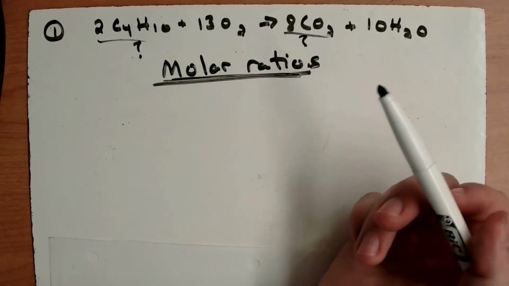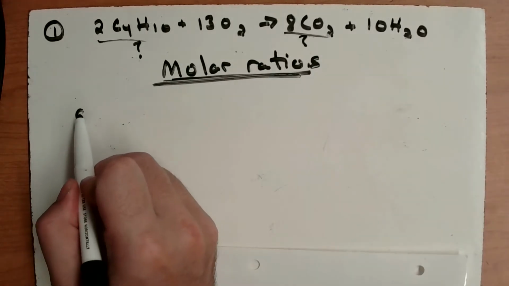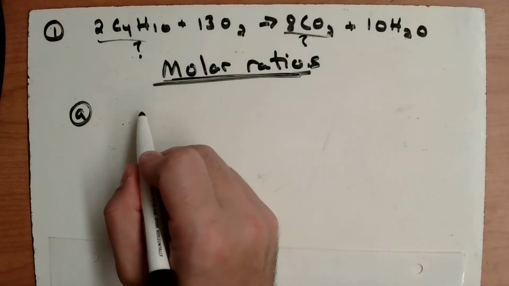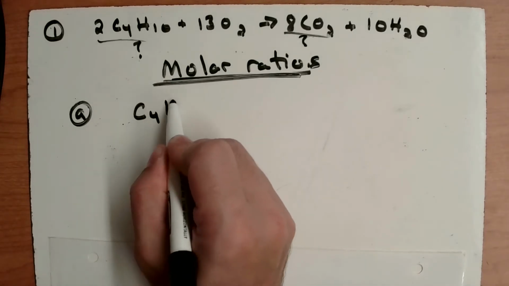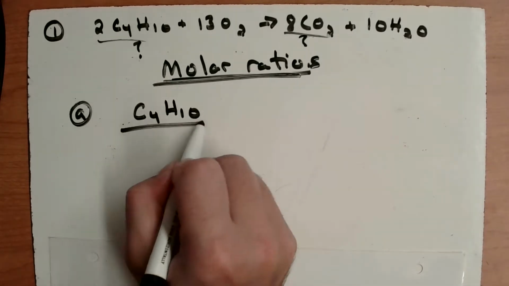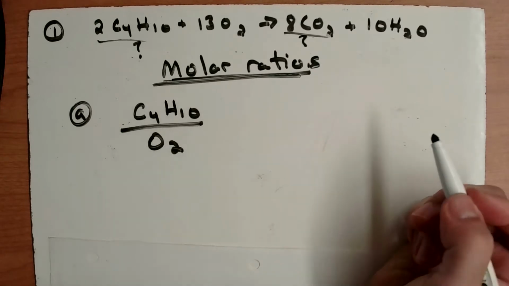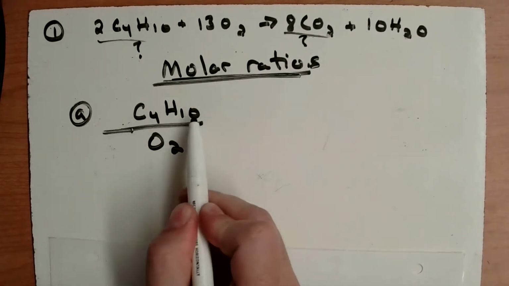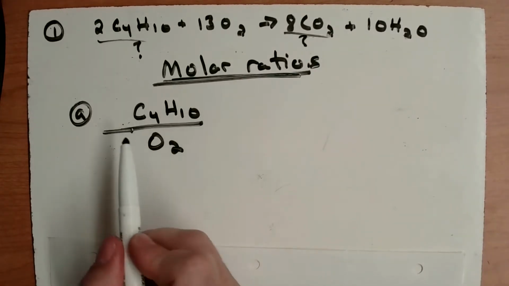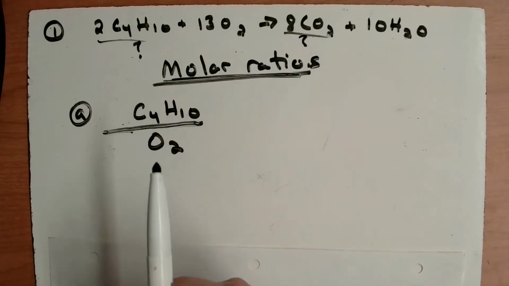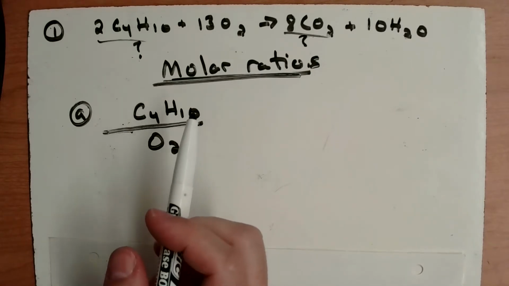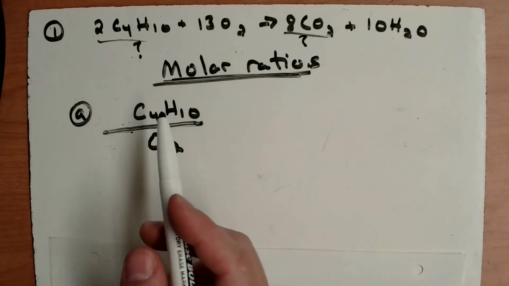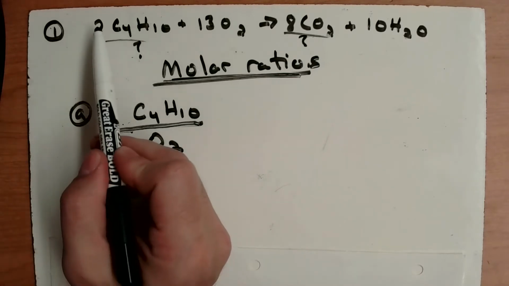Okay, so the first part here in number 1, letter A, it asks us to find the molar ratio of C4H10 to O2. So what is the molar ratio of C4H10 to O2? It's really, really simple. We just look at the balanced chemical equation and we write the coefficients on the balanced chemical equation.